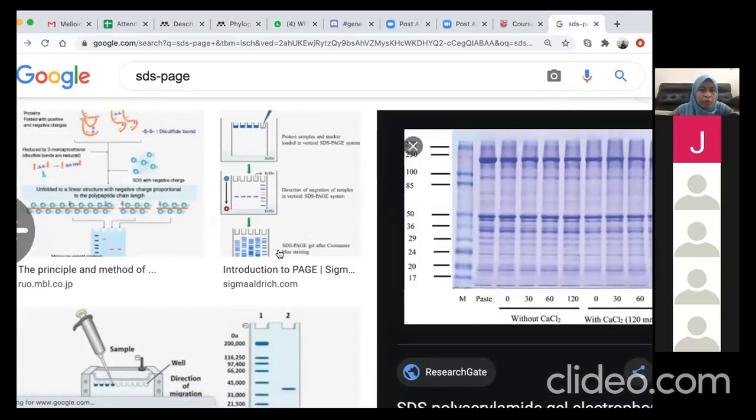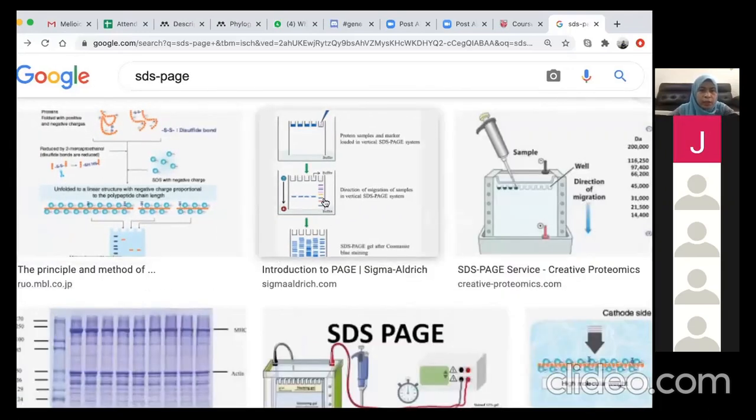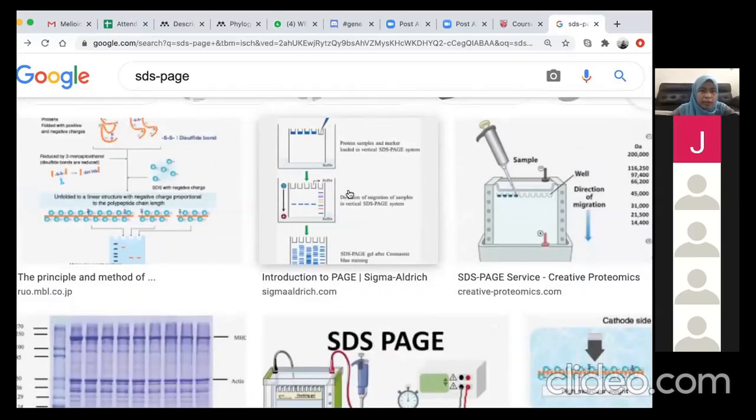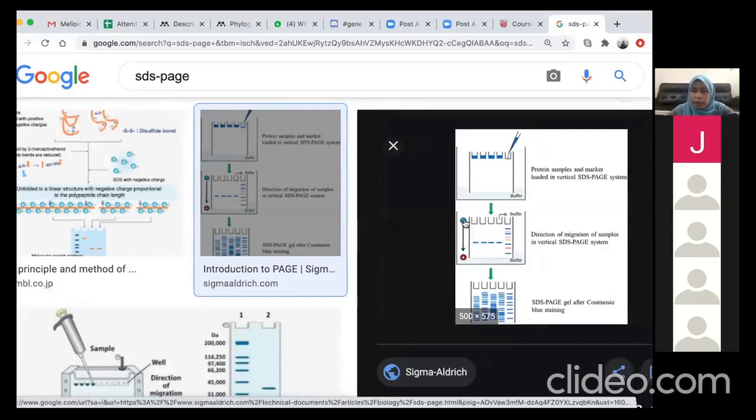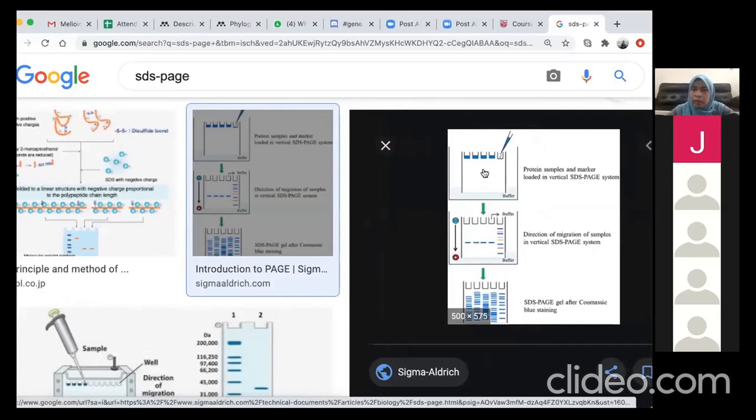If you look here, the way it is run, you can see we have the buffer here, and the buffer here with the glycine, the Tris-glycine buffer. Then you start to run, you apply the electric current.